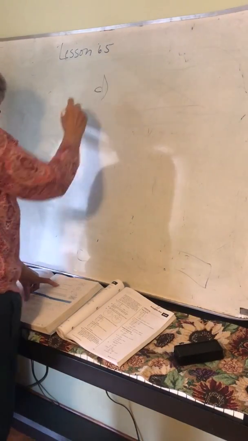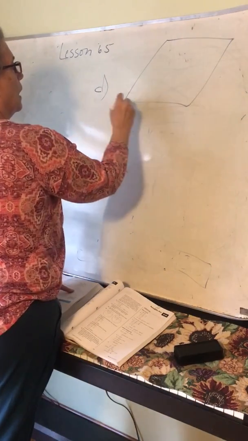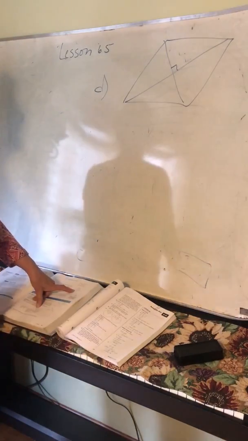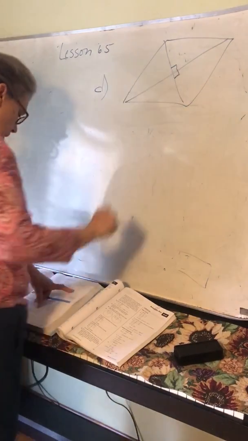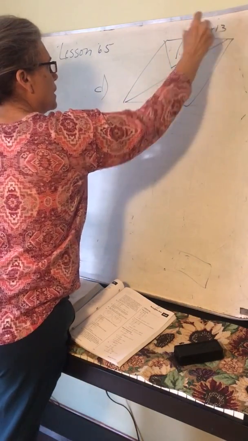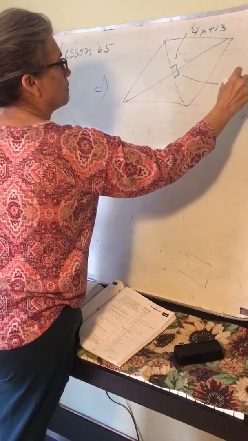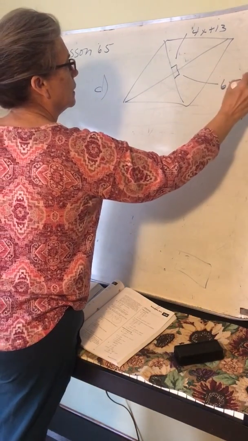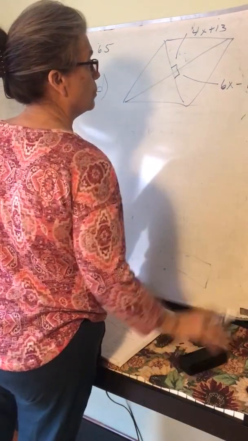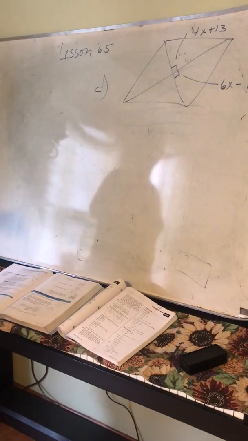Okay, let's look at D. D, we want to know if this is a rhombus. And if it's a rhombus, the diagonals are perpendicular. This one is equal to 4x plus 13, and this one is equal to 6x minus 13. Now, there may be some different ways to do each one of these that I've done with you.